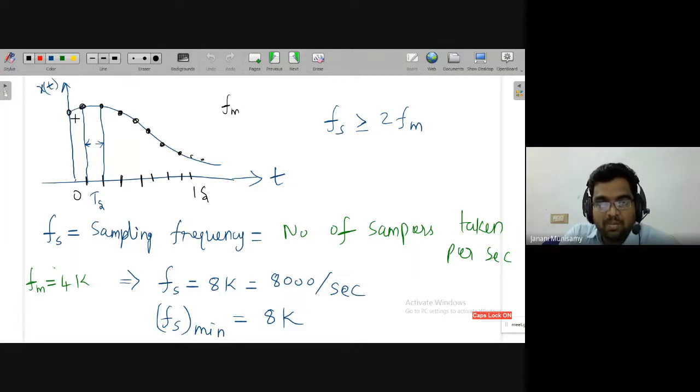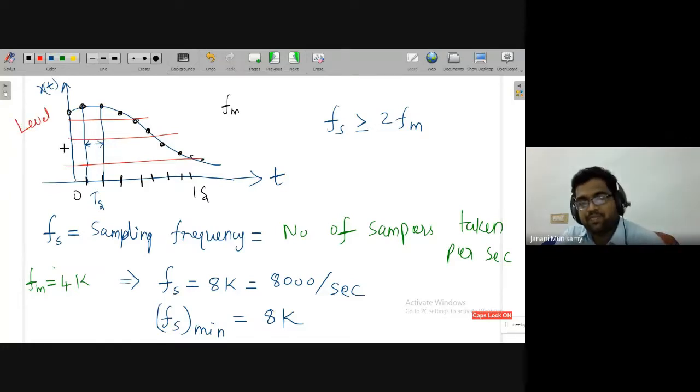அனலாக் டொமைனை டிஸ்கிரீட் பண்ணணும்னா I will put lines like this. I will put like levels. In general, this is called levels. Again, how many number of levels you are assigning? 4 levels assign பண்ணலாம், 8 levels assign பண்ணலாம். Say in this case, I am just assigning 4 levels.